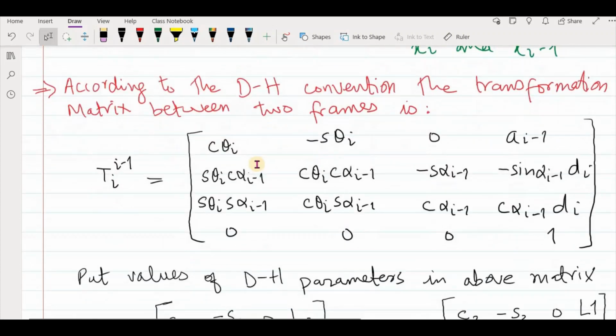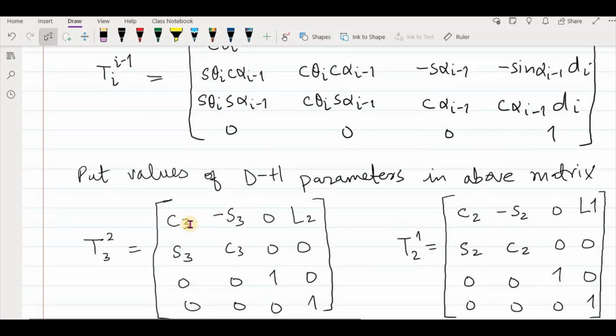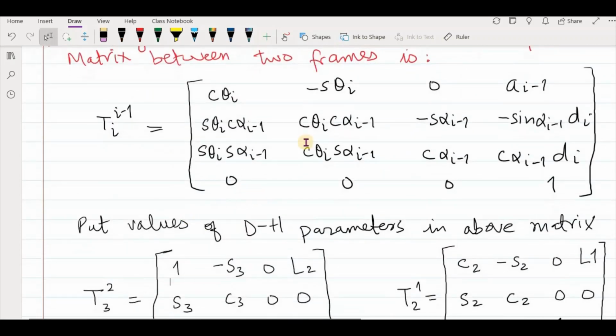Theta is 0, so cosine of 0 is 1. So here it will be 1. And then the next thing is you put here minus sine theta.